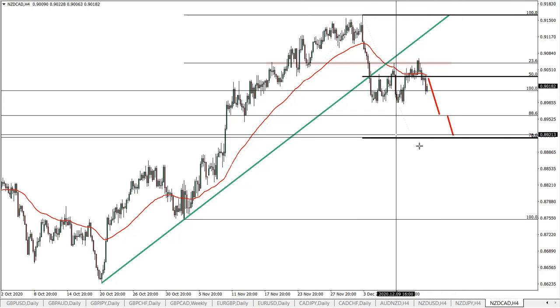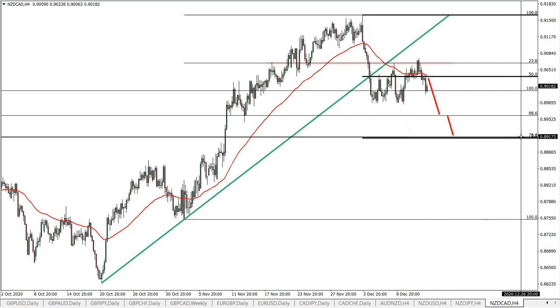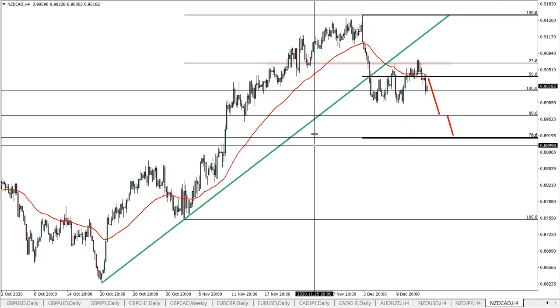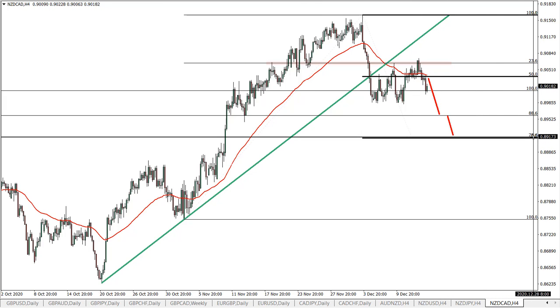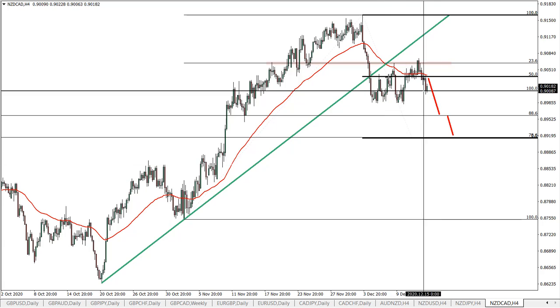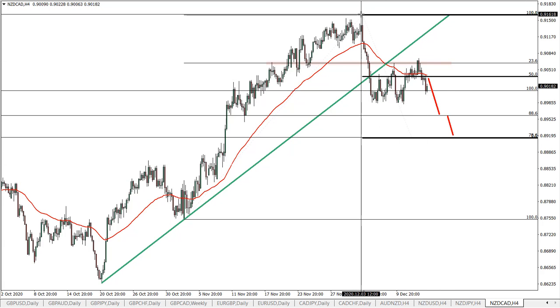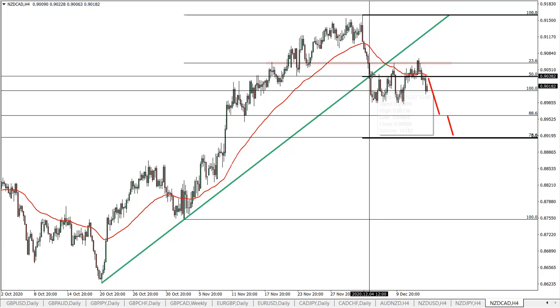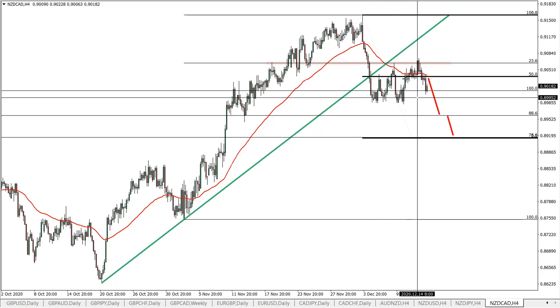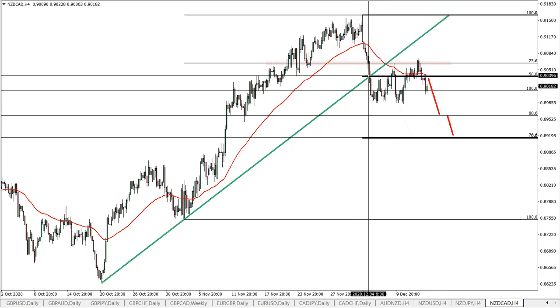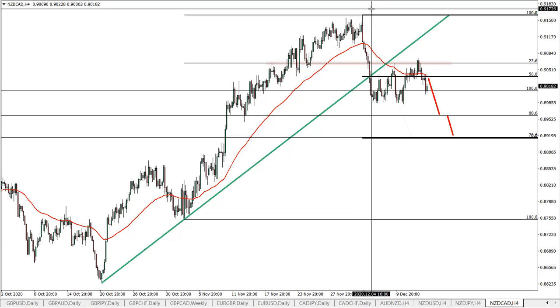Now the second support is located at 0.8916. This is based on 78.6 Fibs that we had on the daily time frame, and we have also applied Fibs to the breakout point of this uptrend trend line. So the 50% is on the breakout point, which shows us where could be the final downside target for this correction.